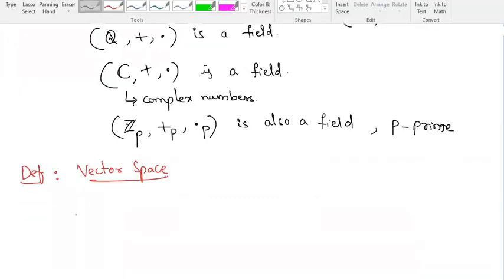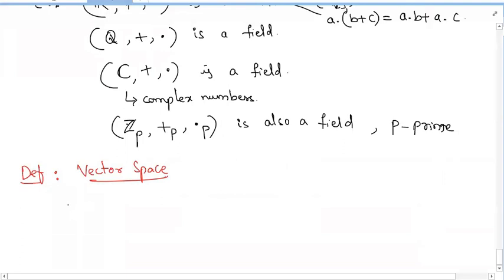Now we will fix a field. Let F be a field. We will fix a field throughout the course. Field means all the properties above are satisfied.